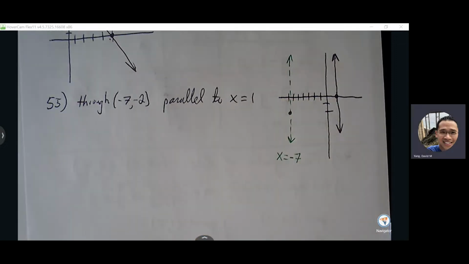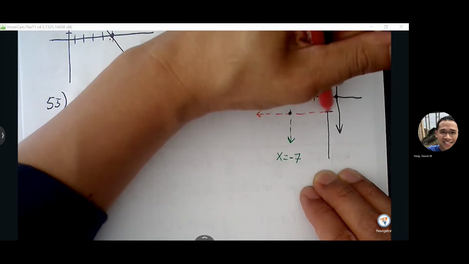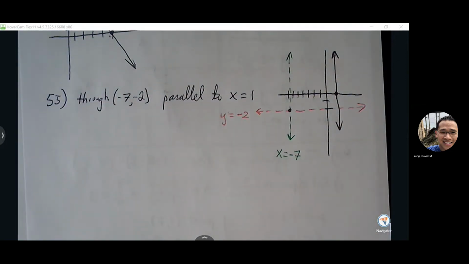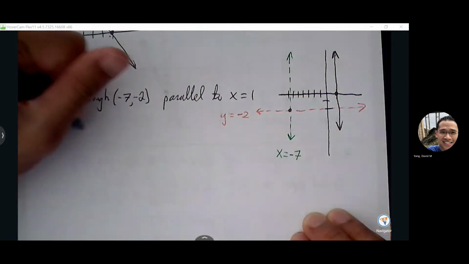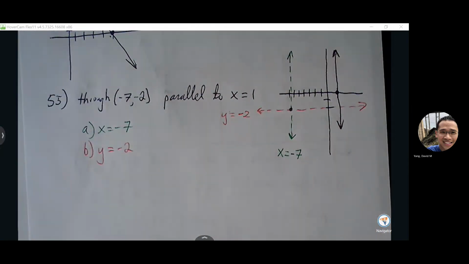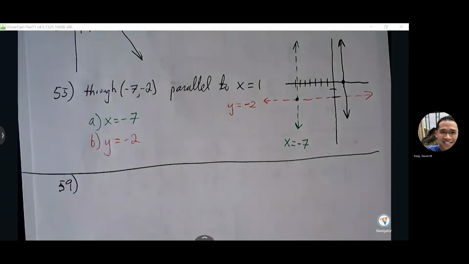Y equals -2. Make it horizontal. Okay, 59.